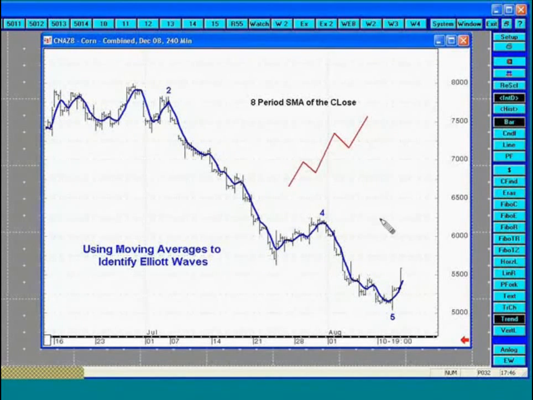You've also seen this pattern here too, a motive wave, 5 waves to the upside. Well, whenever you try to make that transition from reviewing the material in the book to your basic price chart, your basic price chart is typically shown in open, high, low, close fashion. What I mean by that is you have a single price bar, a vertical line.